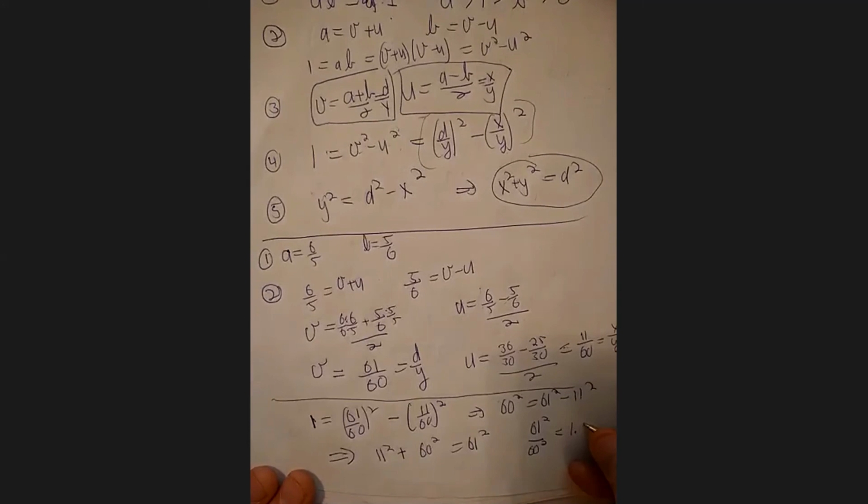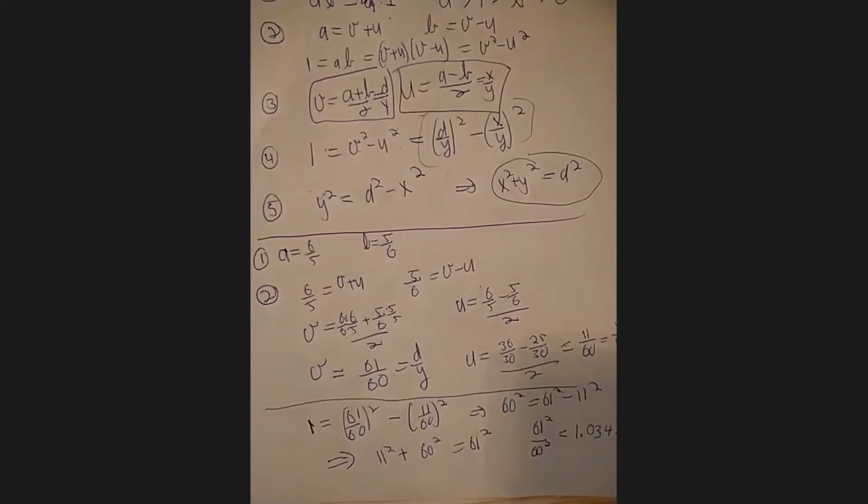This is what I got. I'm just going to go to a couple of places, round to 3. Okay. Now, why is that not on the table?